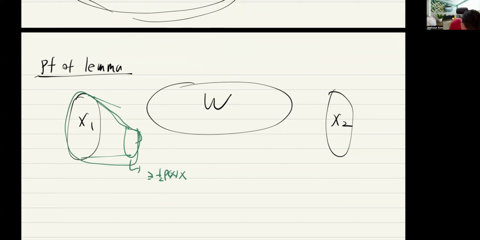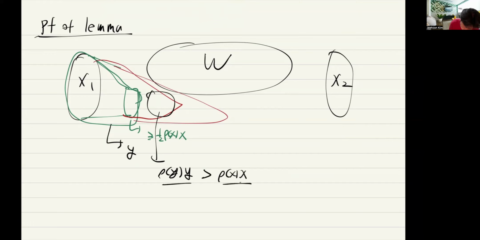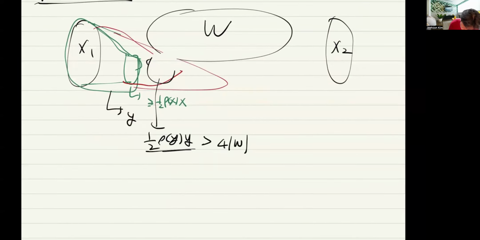Okay, and then you take this and expand again and expand again. Every time the set has size y, this new part is at least size rho(y) times y, and because this is bigger than rho(x) times x, since rho(x) times x is an increasing function, that means this is still bigger than 4 times W. So even if you delete some parts which are in W, it's still expanding by this much.